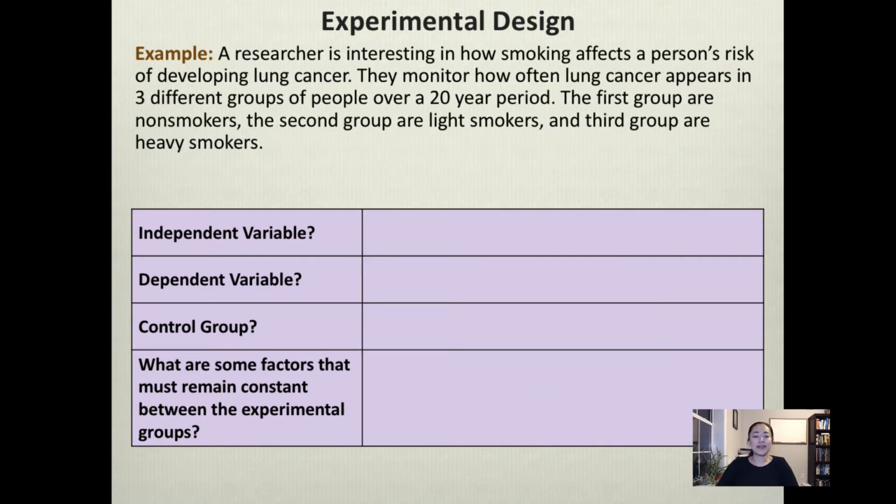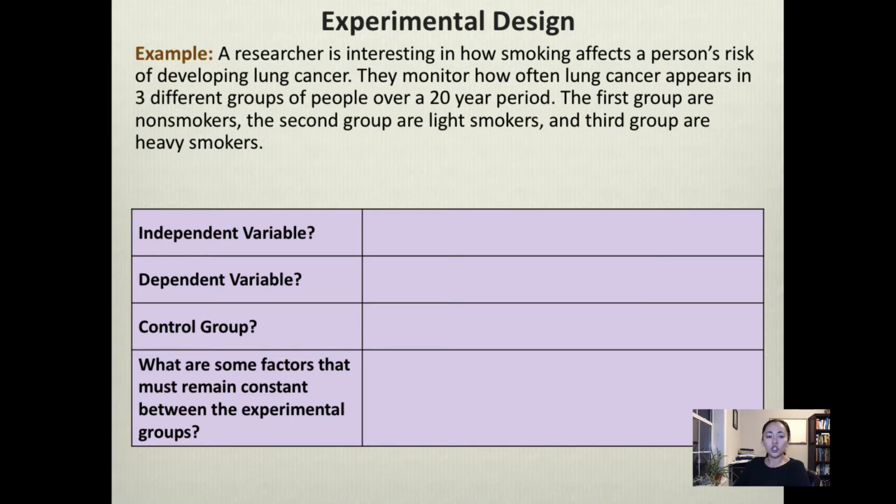Let's look at another example. A researcher is interested in how smoking affects a person's risk of developing lung cancer. They monitor how often lung cancer appears in 3 different groups of people over a 20-year period. The first group are non-smokers, the second group are light smokers, and the third group are heavy smokers.